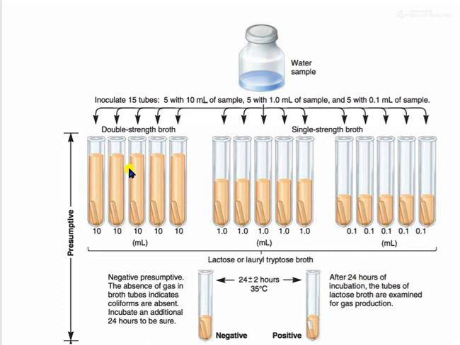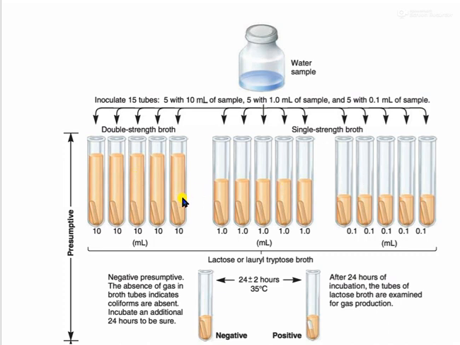If you want to prepare a double strength, you take 2 spoons of that particular nutrient. So the broth which we prepare here is lactose broth, and it will contain double the amount of the nutrients compared to the single strength.